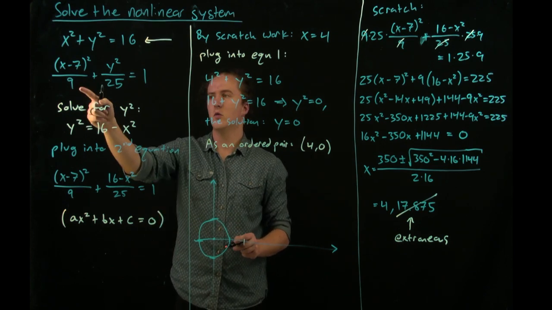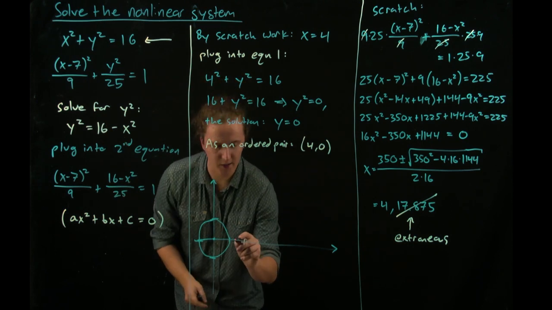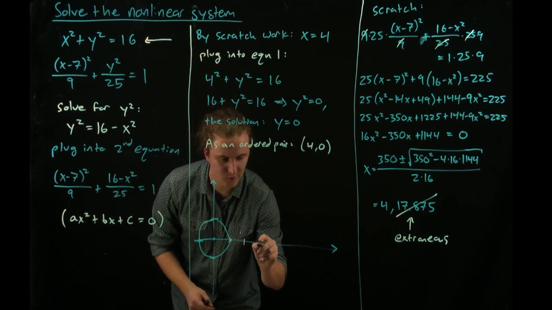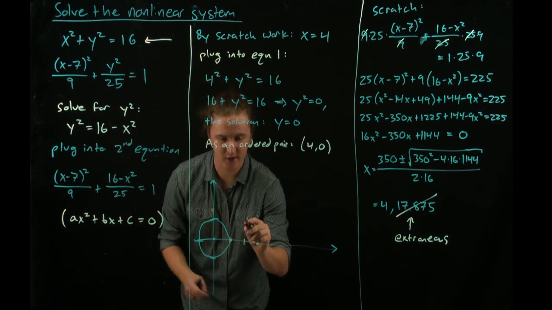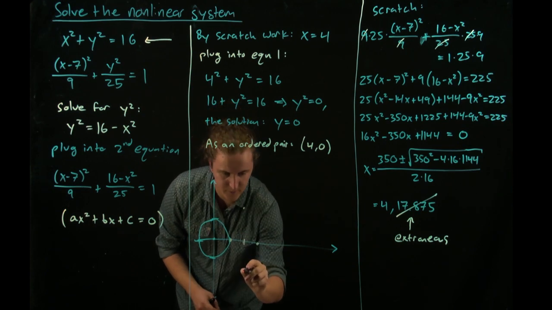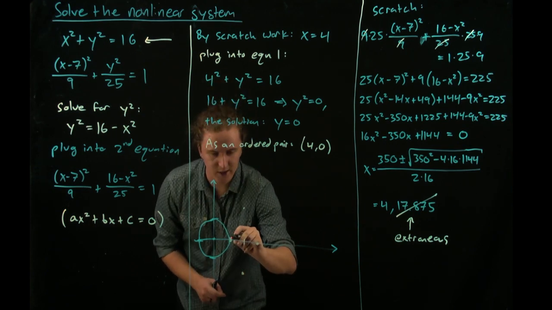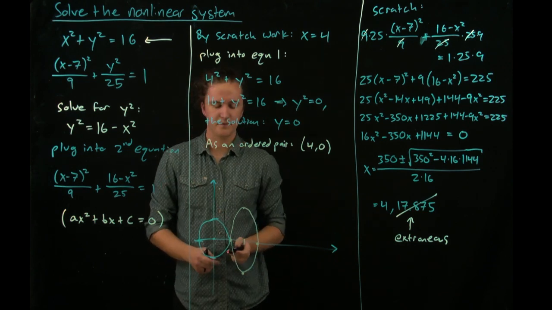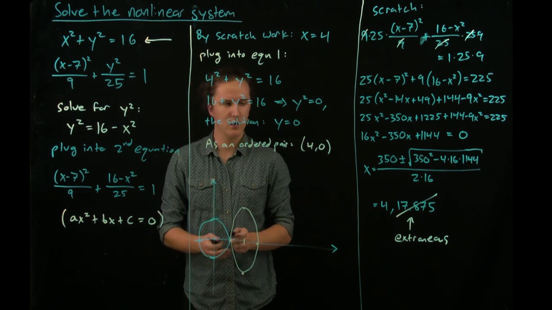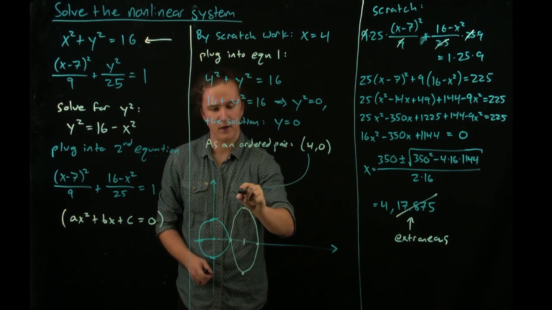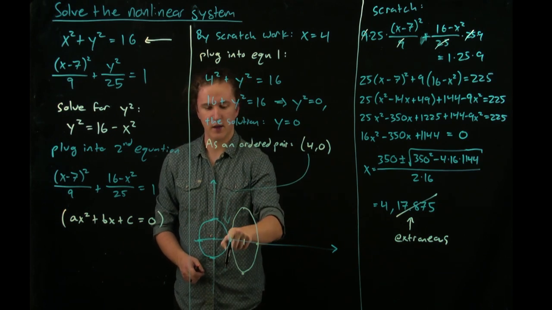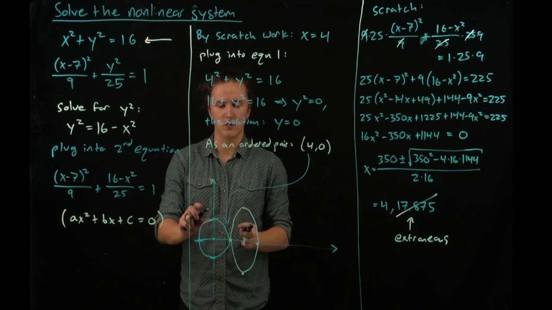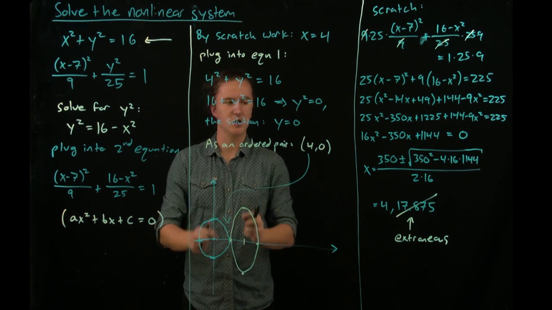And we know, we'll talk about this later, that this has a minor axis of radius 3 and a major axis of radius 5, meaning it's tall and skinny. It'll look somewhat like this. And here, this ordered pair is exactly the point at the bottom where the circle and the ellipse just barely touch.